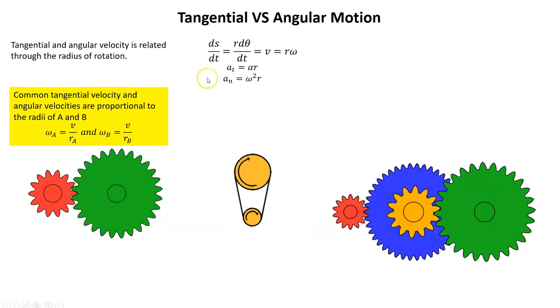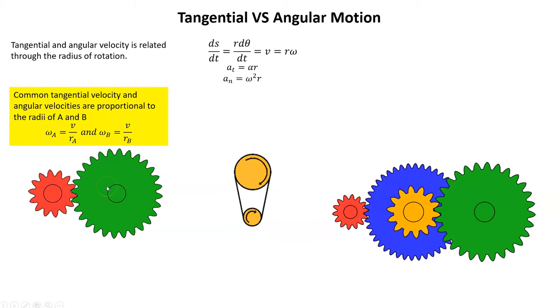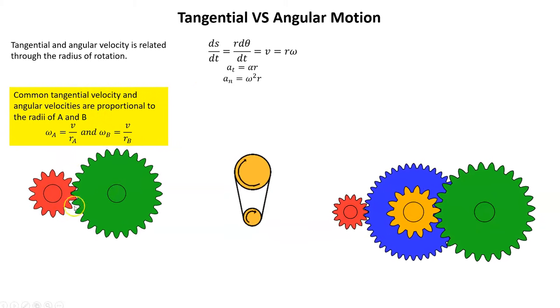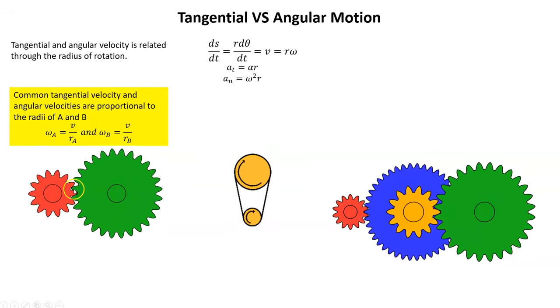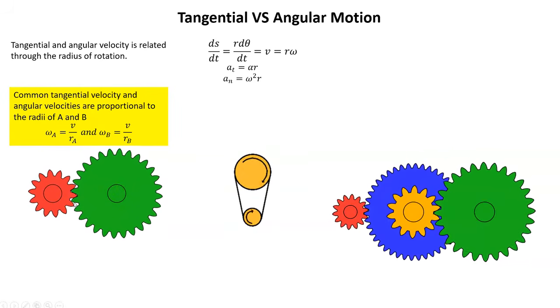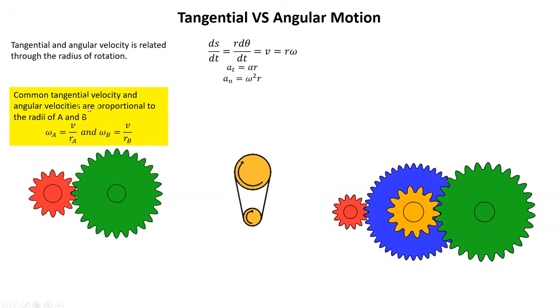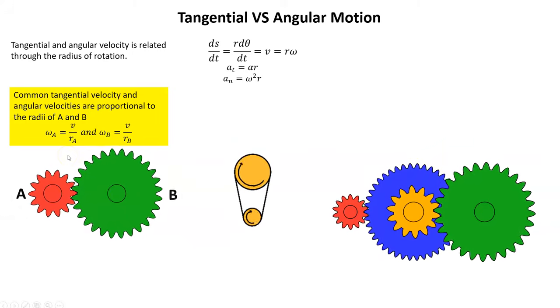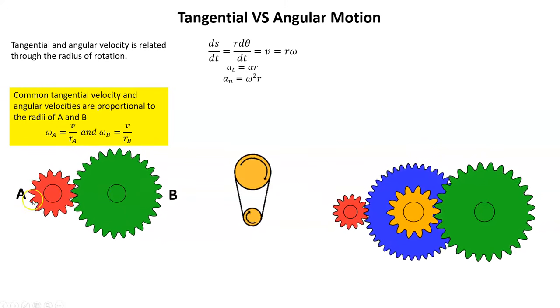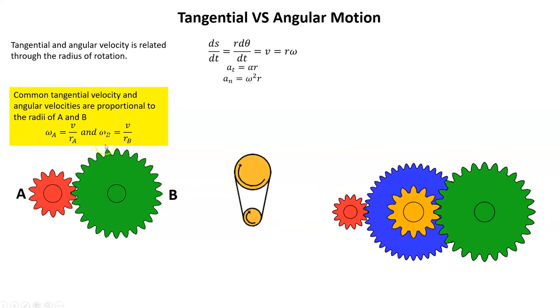But because of these equations, we know that one thing they have in common is a common tangential velocity. Where they meet, that common tangential velocity is proportional to the radii of gear A and gear B. We call the smaller one gear A and the larger one gear B.